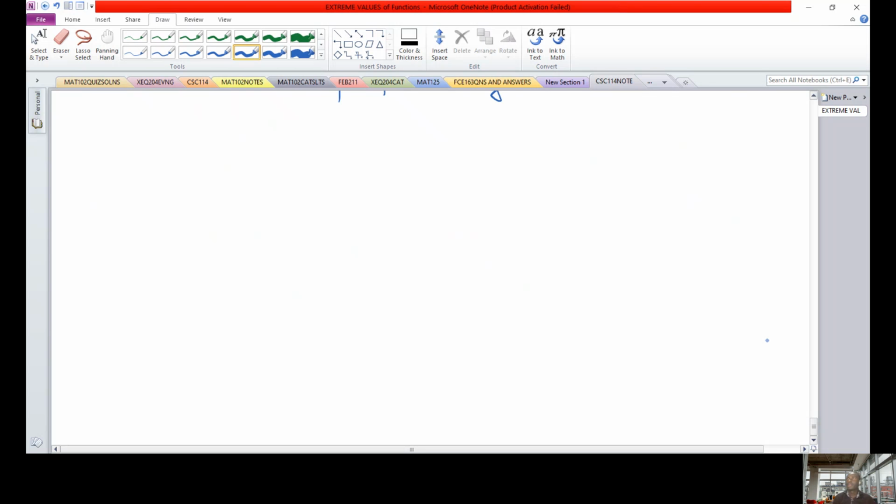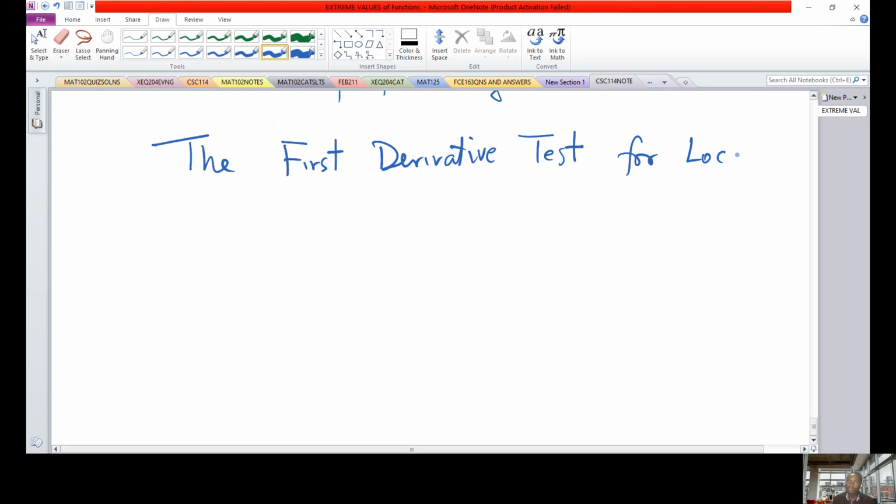And then the first derivative test for local extreme values.